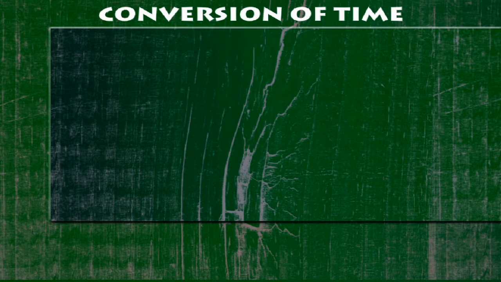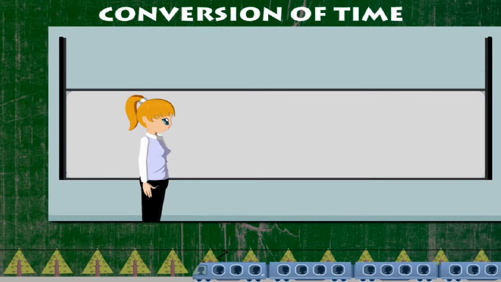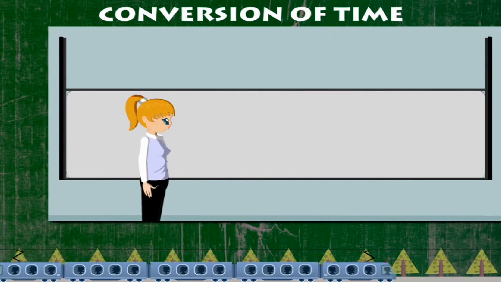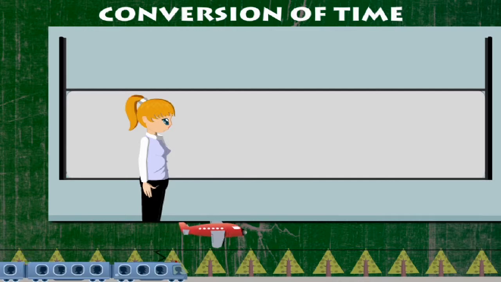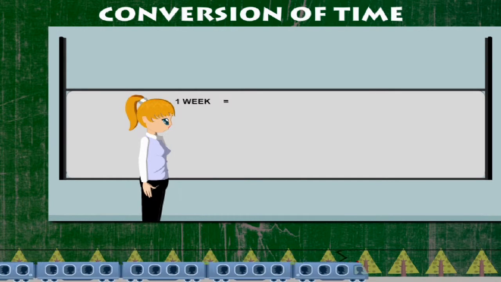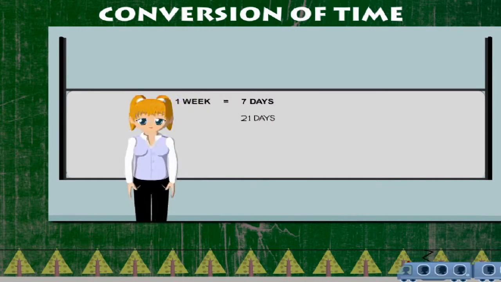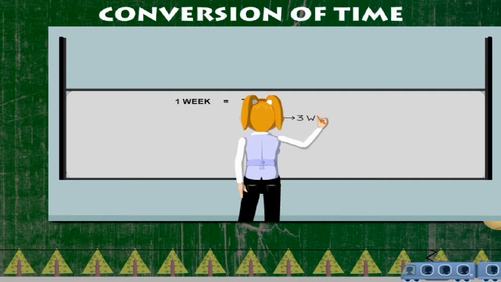Conversion of time. Let's learn time conversion with teacher Nancy. One week is made of 7 days and 21 days make up 3 weeks.